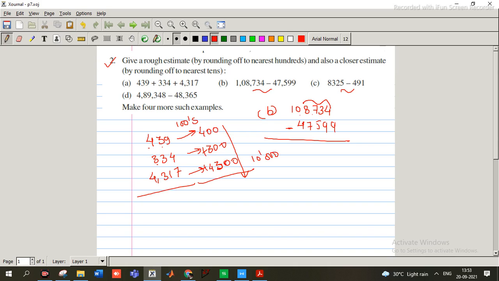So 8730 is greater than 8500, so I'll write it as 9000. And 47599 is greater than 45000, so I'll take it as 5000.